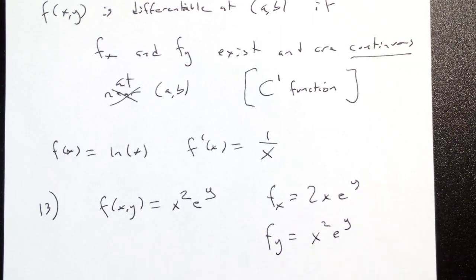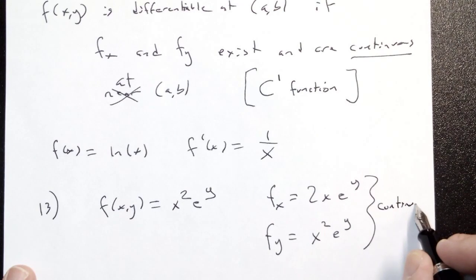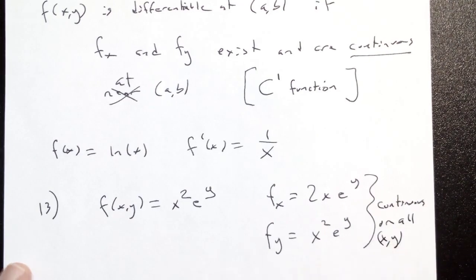Now, exponentials are continuous everywhere. Polynomials are continuous everywhere. The product of continuous functions is continuous. So these are continuous on all x and y, and that means the original function is differentiable everywhere.